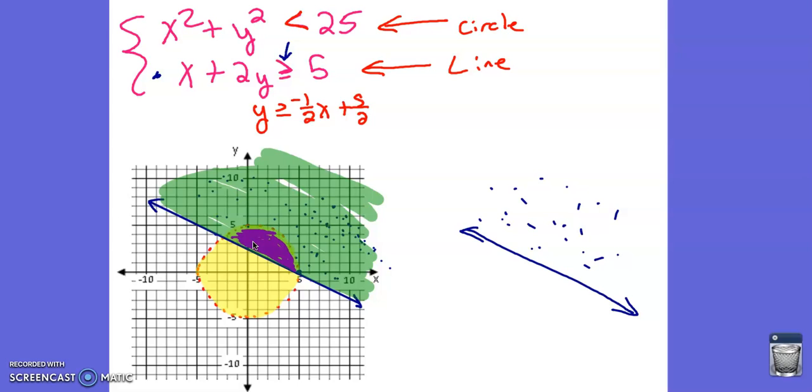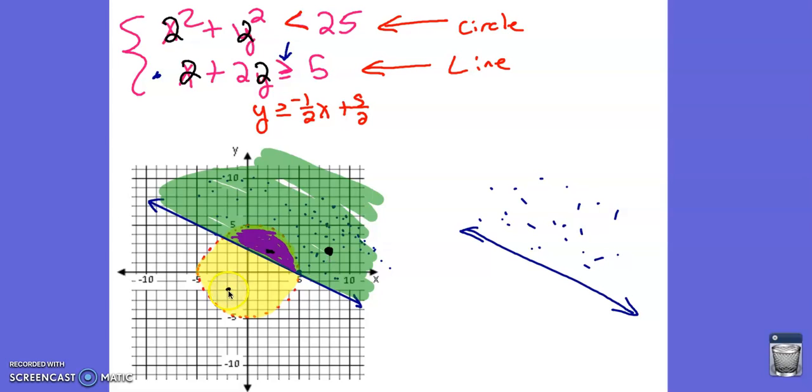And you can pick a random point inside of there just to check it. So if you check 2, 3, or even 2, 2, put 2 and 2 there and see if it works on both inequalities, it will. If you tested a point over here, it would work for the blue equation, but it would not work for the yellow, the red circle.